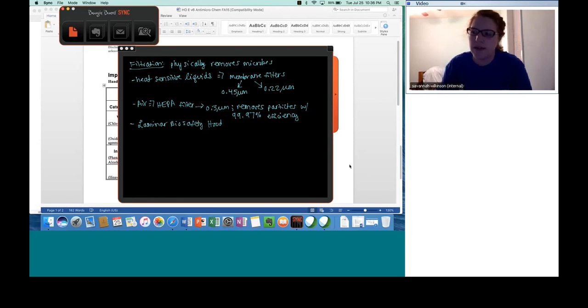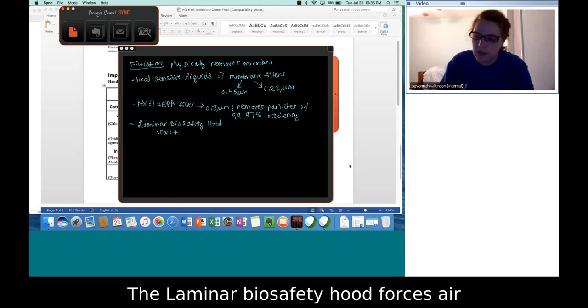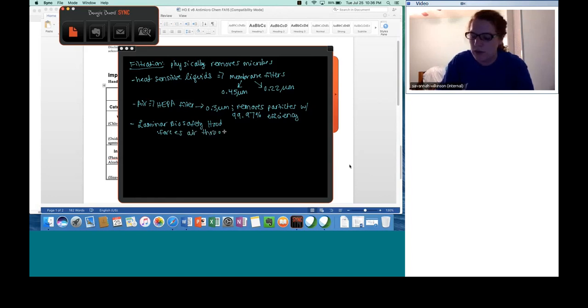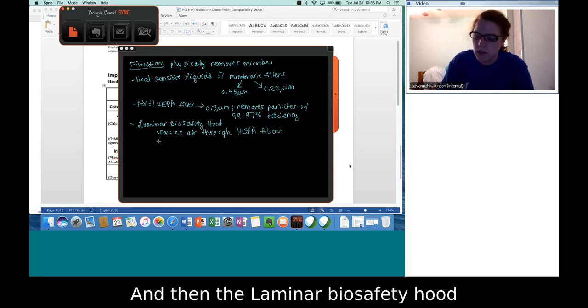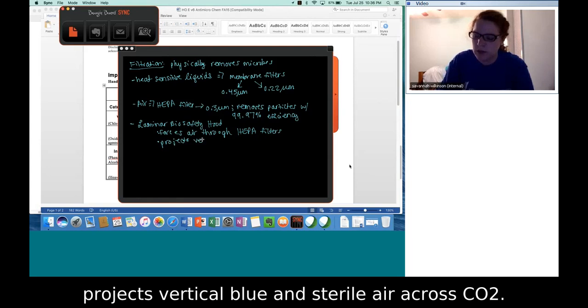The laminar biosafety hood forces air through the HEPA filters, and it projects a vertical flow of sterile air across CO2.